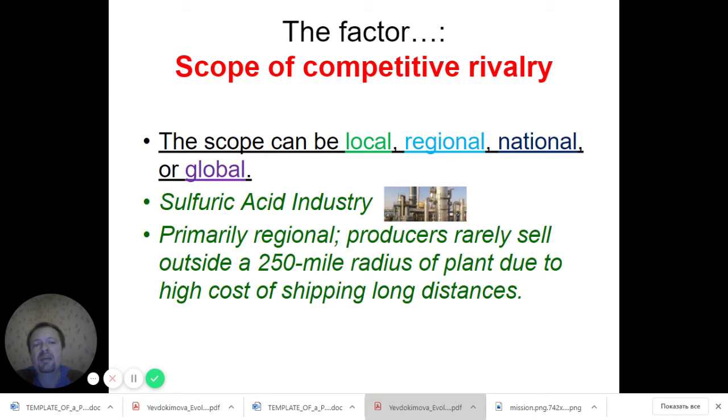So we could say that it is a national scope of competition among all universities within Ukraine.